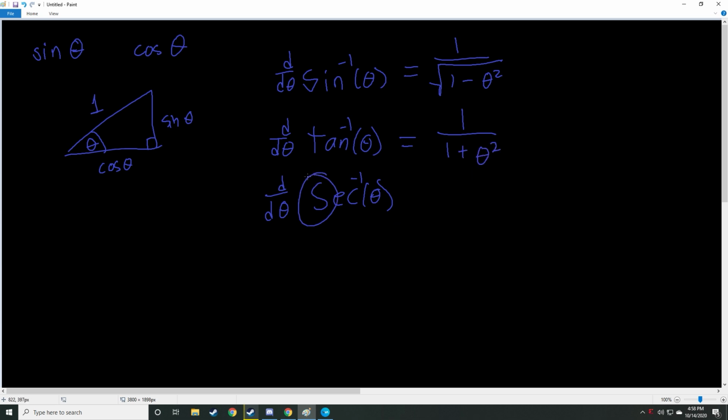And then this one has an S in it, like a subtraction sign: 1 over the square root of theta squared minus 1. Notice the difference: sine is 1 minus theta squared under the root, and secant is theta squared minus 1 under the root. That's just a subtle difference.